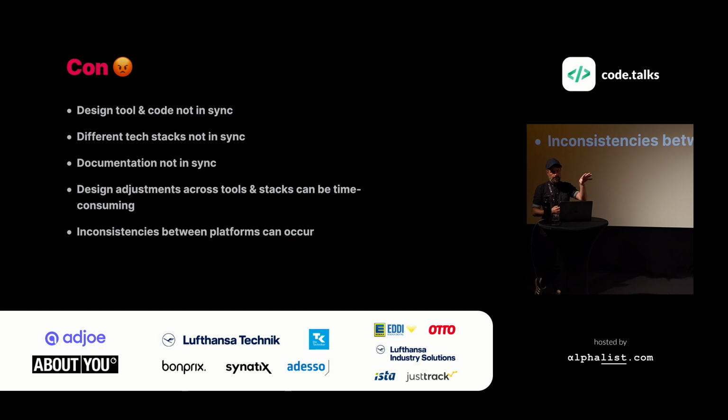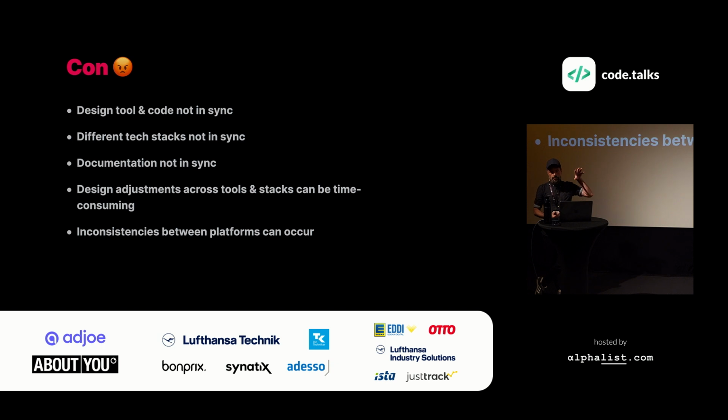And the design tool and your code is probably not in sync. Also, different platforms, whether you're working for Android, iOS, or the web platform, require different formats for specific styles. So this might also not be in sync. And changing that can be time consuming, and inconsistencies can occur because there's no single responsibility.